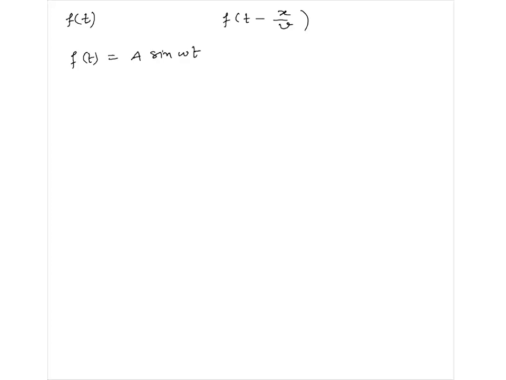So if this is what happens in most cases, then our job is much more simple.